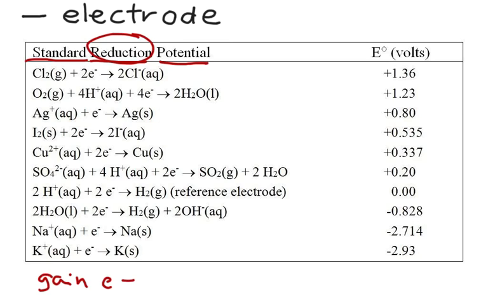We can see all up and down this chart that each of these chemicals is gaining electrons. Not only that, but it has them in order of voltage. Here are the very high numbers, and here are very low numbers. So the chemicals at the top are the most likely to get reduced.